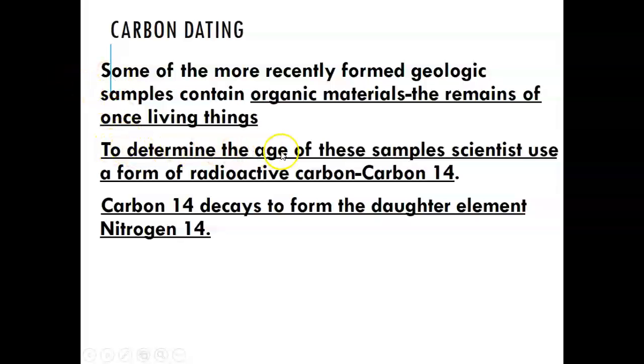To determine the age of these samples, scientists use a form of radioactive carbon, or carbon-14. What happens is carbon-14 decays to form the daughter element nitrogen-14. So carbon is slowly losing its neutrons, and as it does that, it turns into nitrogen. If you've had biology, you can probably think of those two terms.